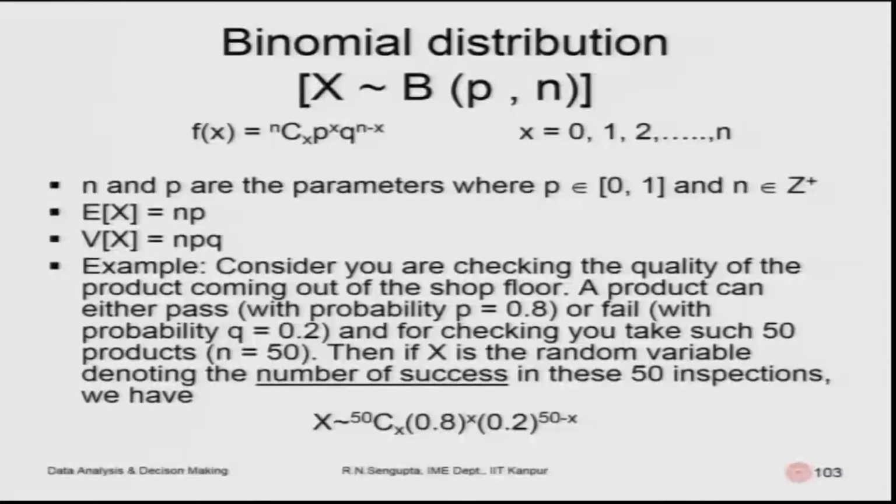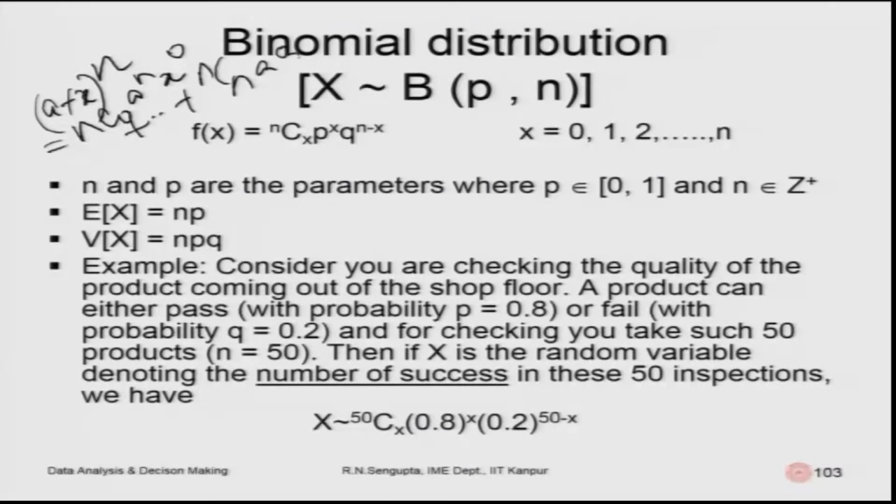So, we will now consider the binomial distribution. The binomial distribution is given by, if you remember the binomial expansion which we have done in class, (a plus x) to the power n. You want to expand it. The first term would be NC0 a to the power n x to the power 0, and the last term would be NCn a to the power 0 x to the power n.